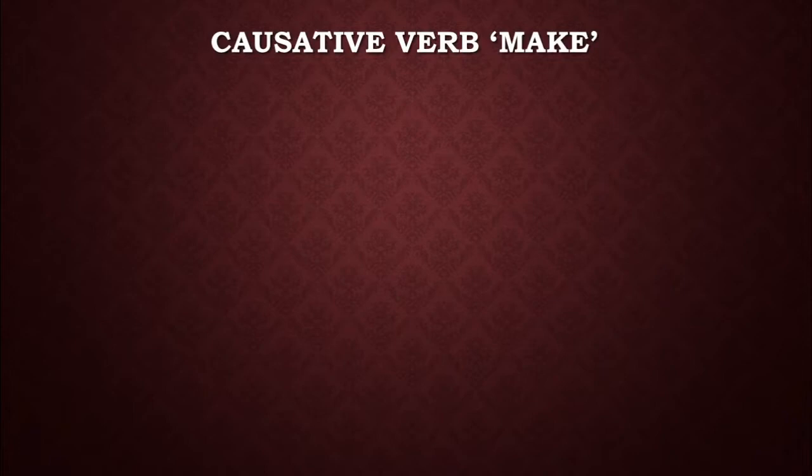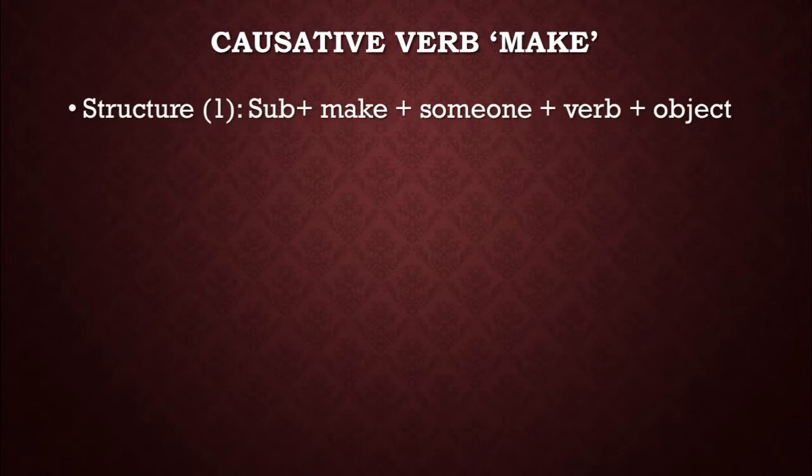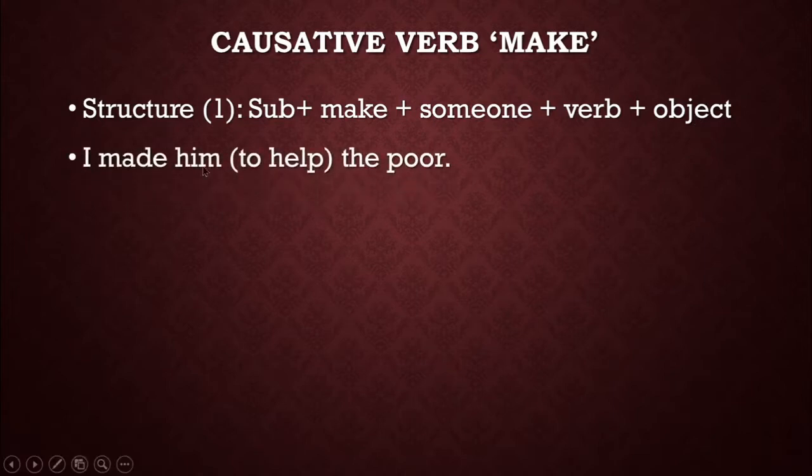Now let's talk about the structure of the causative verb make. If we want to use the causative verb make with someone, then we have to follow this structure: subject plus make plus someone, verb, and then object. Now let's use this structure in a sentence. I made him to help the poor. Dear students, now let's match the structure of this sentence.